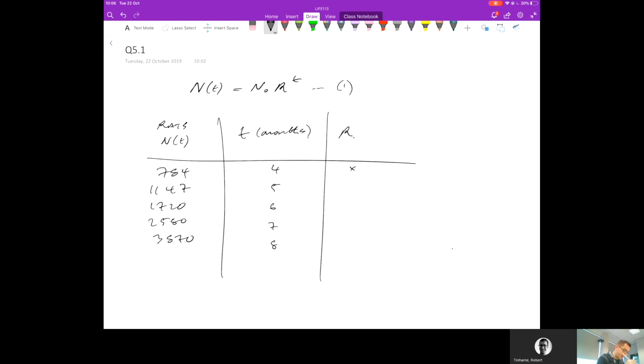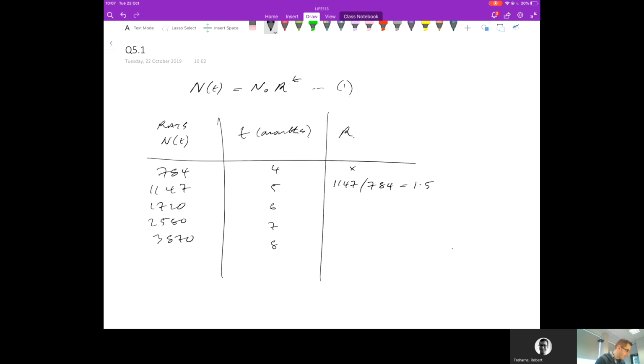But between months 4 and 5, I can tell you the factor by which the number of rats has increased. If I take 1147 divided by 784, if you do that on a calculator, you get roughly 1.5. So in that case, R is 1.5.